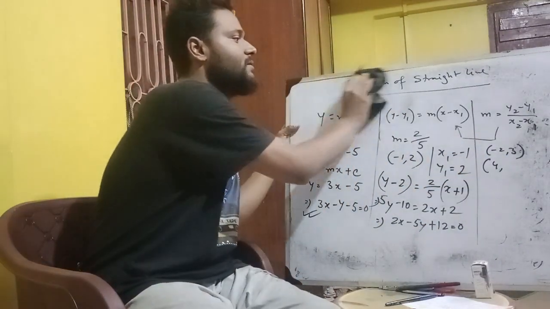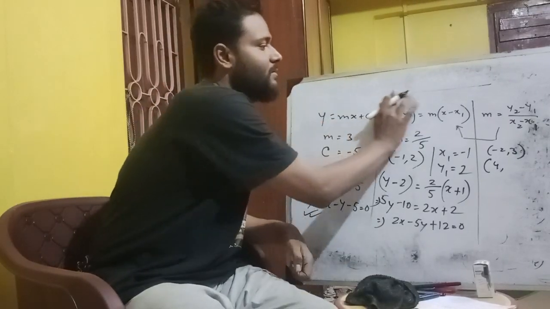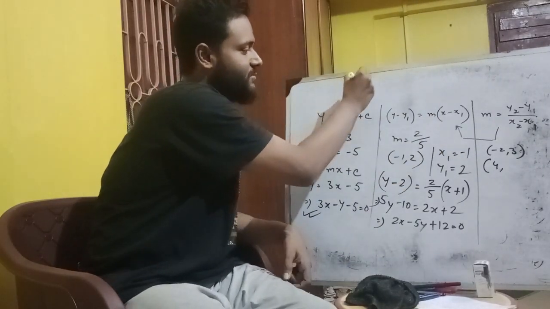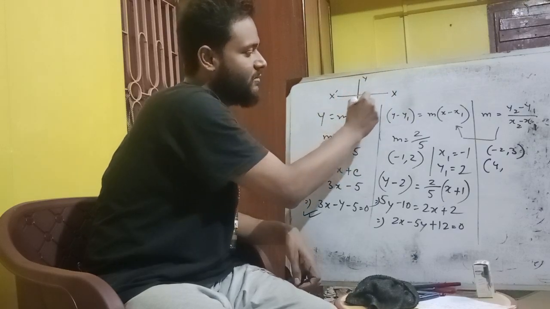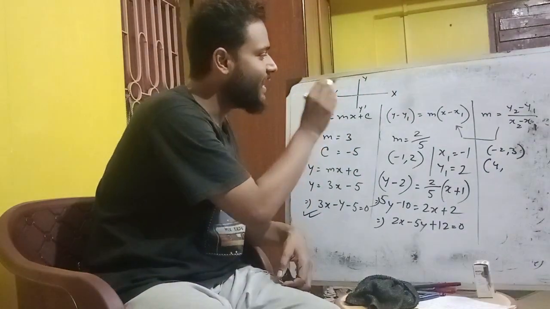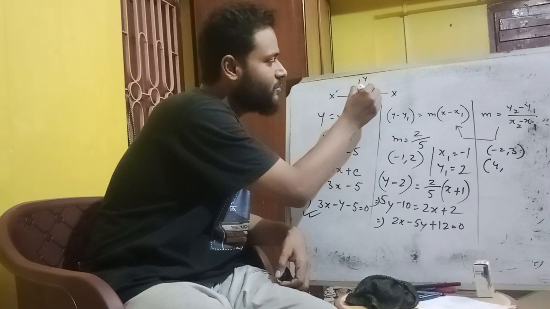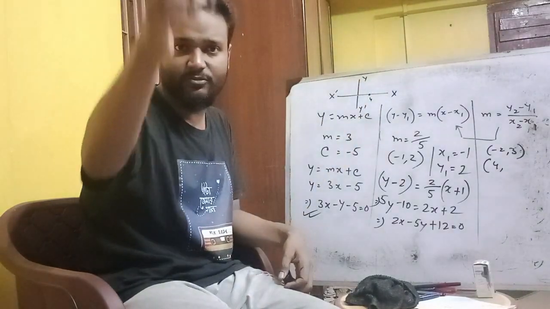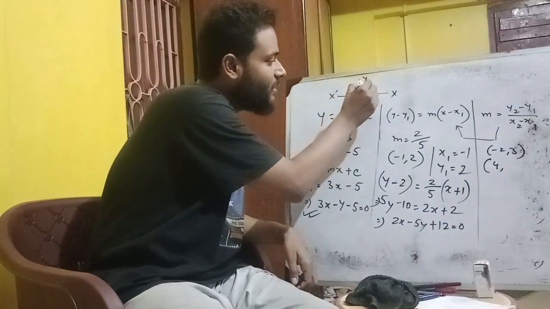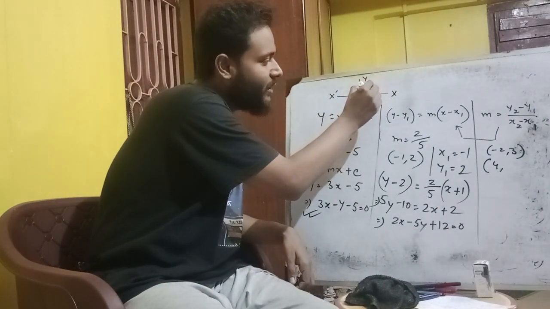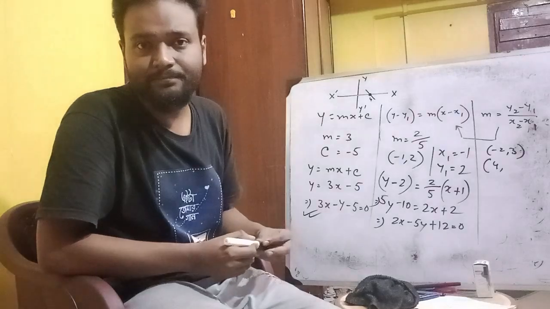So now just clear a concept. This is the x-axis and this is the y-axis. So x-intercept is 4. So the straight line actually passes through the point x equal to 4. So at this point the value of y is what?